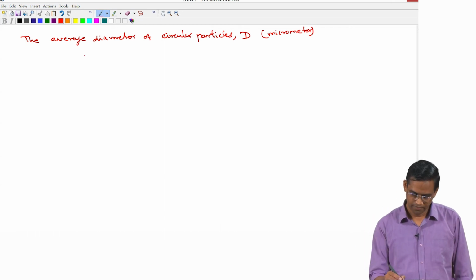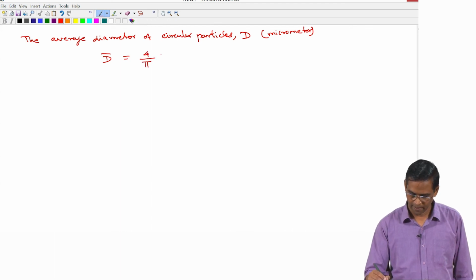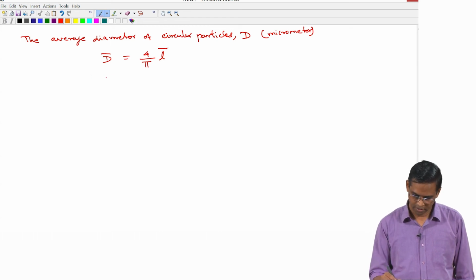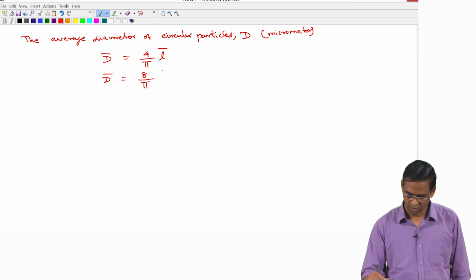So, what are the formulas? The D bar is equal to 4 by pi times L bar, or D can also be written as 8 by pi into Pp by PL.